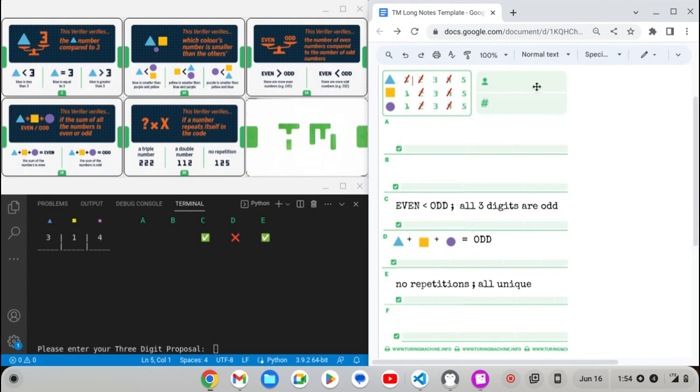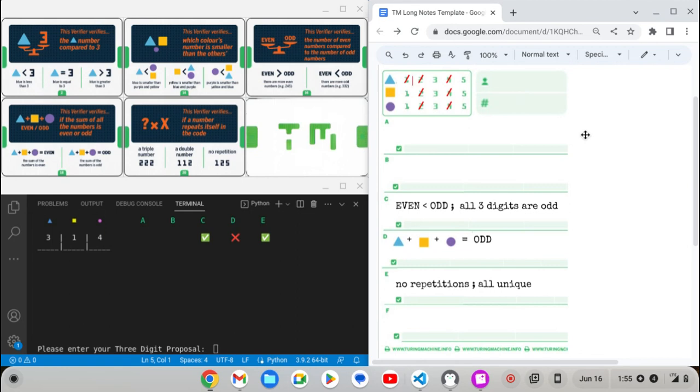Okay. Can triangle be the largest? Yeah, I think so. I think if triangle is 5, then we can figure out the smallest between square and circle, and then that'll be the 1, and then the other's the 3. Ooh, which brings up an interesting question. What if, yeah, I think triangle can also be 3 because we're still going to have a smallest. So I think that's okay.